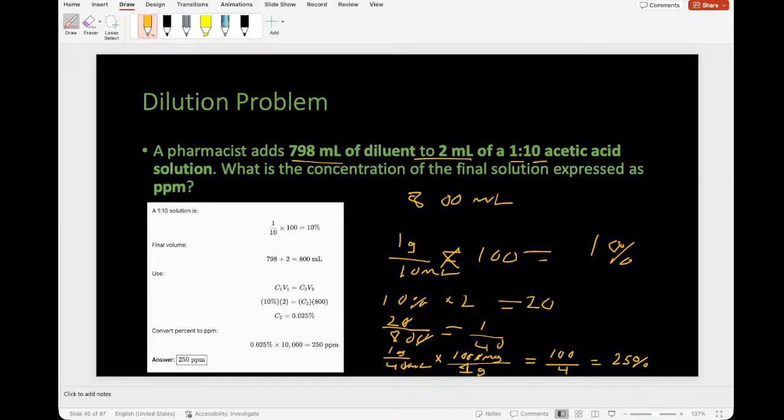So that's your 25% in this case, or in the other case, 25 grams.